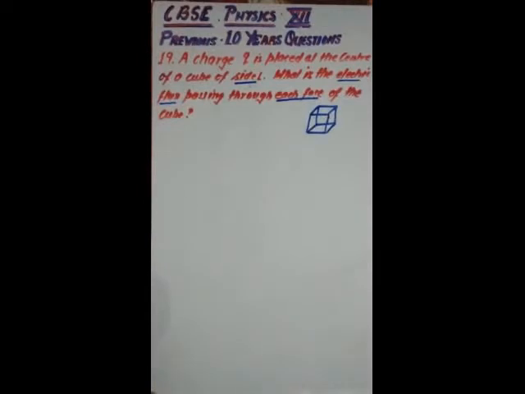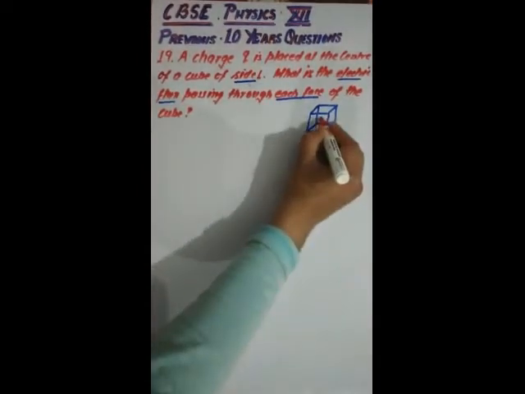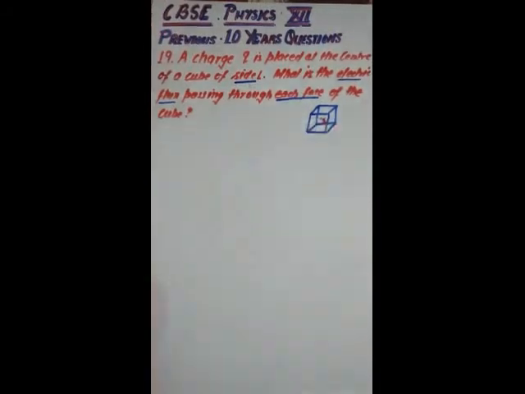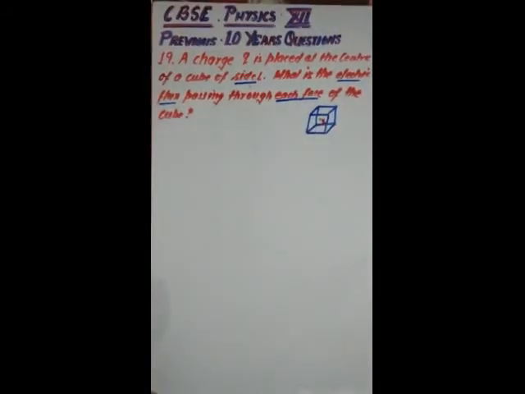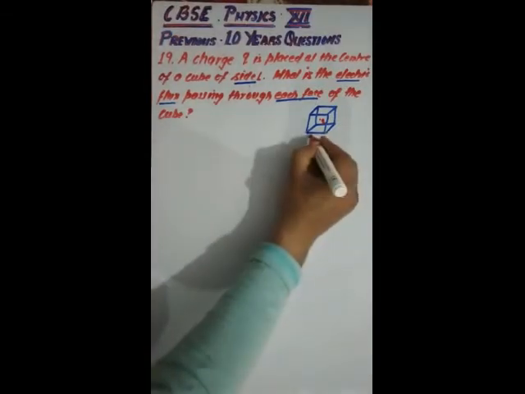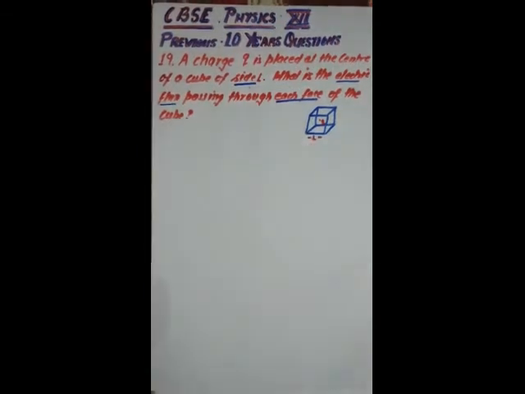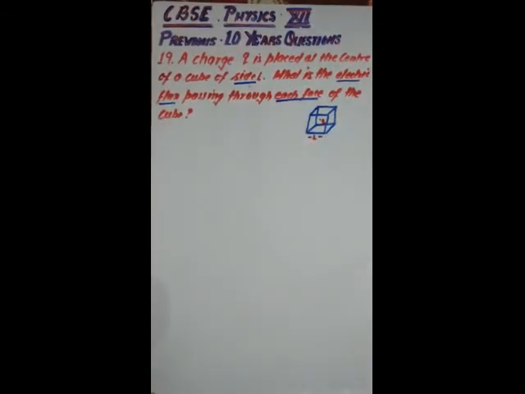The charge Q is placed at the center of the cube. The size of the cube is L. We know that all the sides and surfaces of the cube are symmetrical. Hence the flux coming from each surface should be equal, 1 upon 6 part.